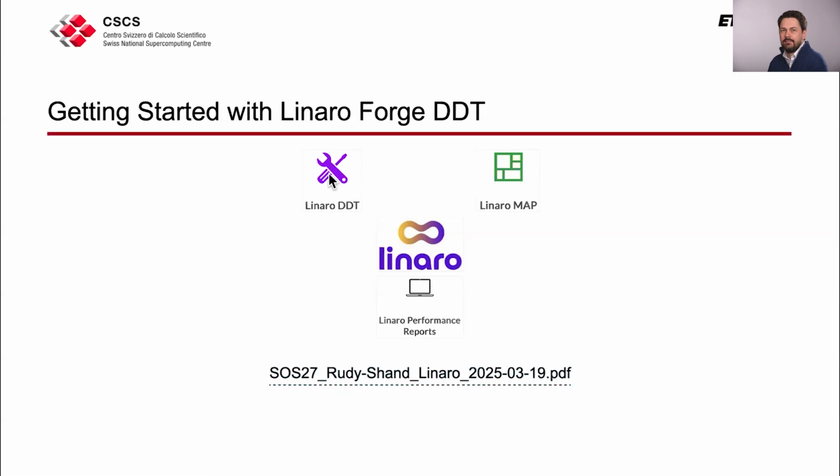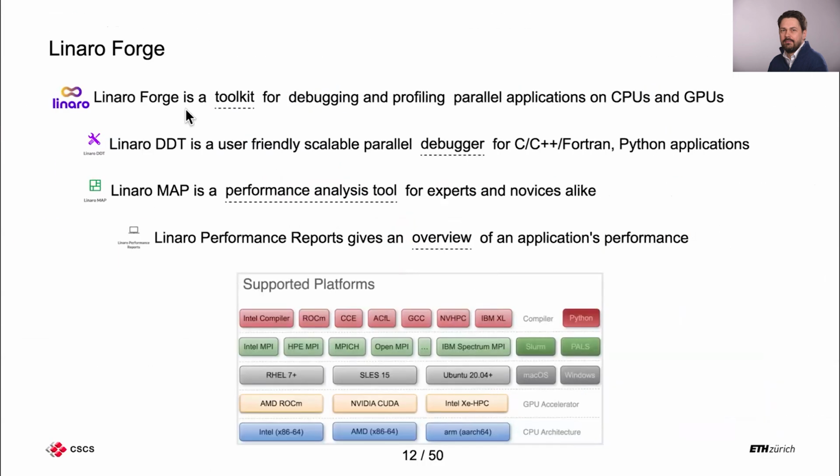So Linaro has a debugger. It's called DDT. It's a parallel debugger, and it works with basically everything that you can think of. And then you have MAP, which is the performance analysis tool.